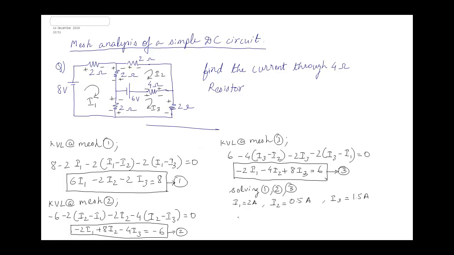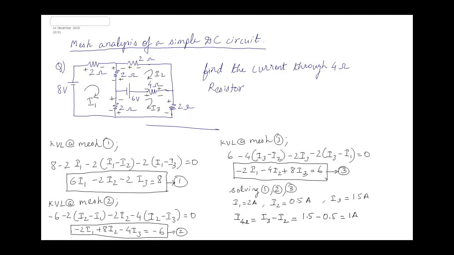So let's say the current that is going through 4 ohms will be I3 minus I2, which is 1.5 minus 0.5, which is equal to 1 ampere.